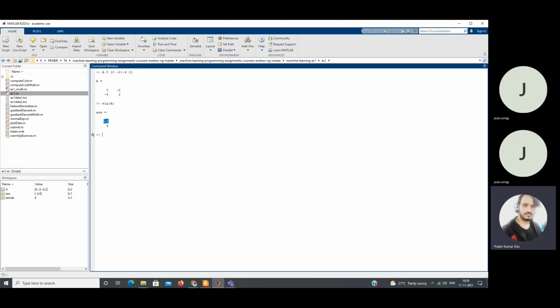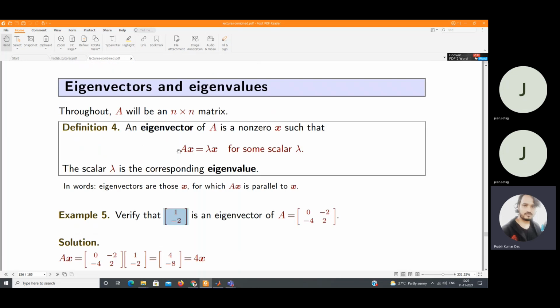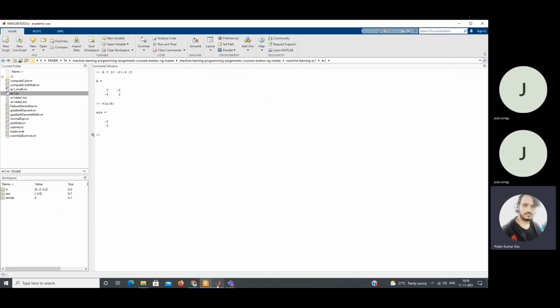For each eigenvalue, there is a corresponding eigenvector. For 4, what is the eigenvector? It is showing here 1, -2 is the eigenvector for the eigenvalue of 4. Now can you calculate, using this equation, what will be the eigenvector for -2?